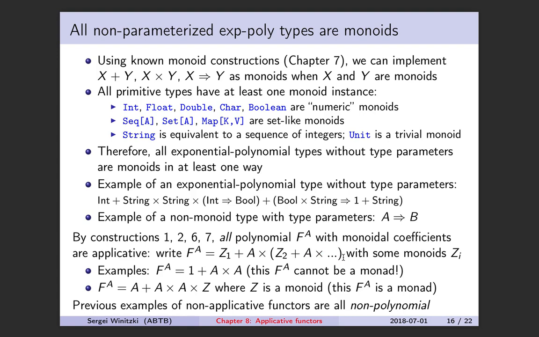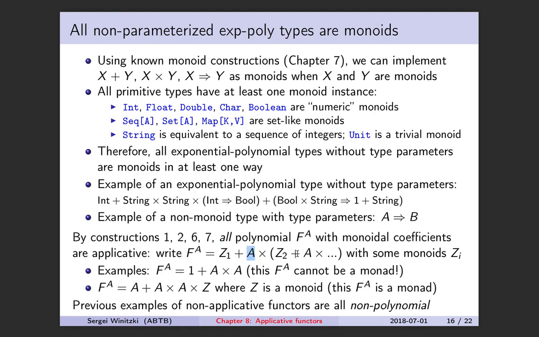We can transform the type into this form, just like in school algebra. This form is called Horner's scheme for polynomials. So A is the argument and Z's are coefficients. In school algebra, they would be numbers, constants.